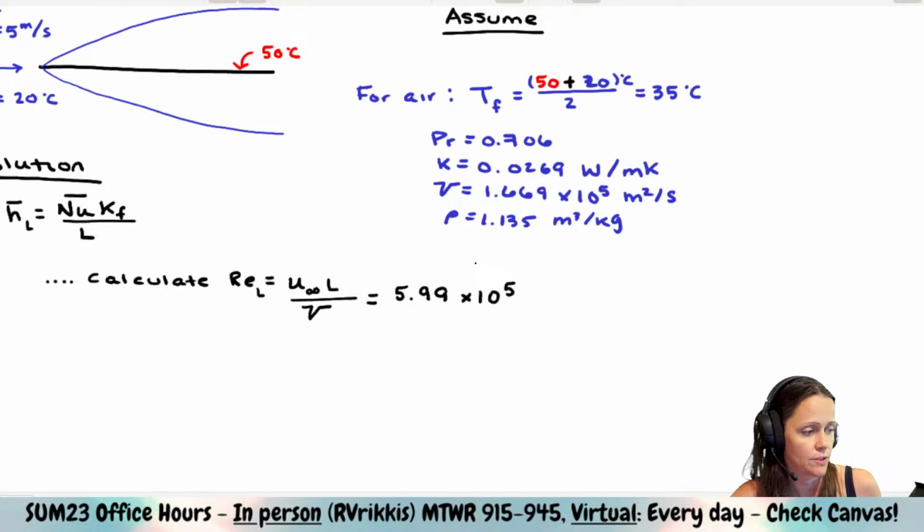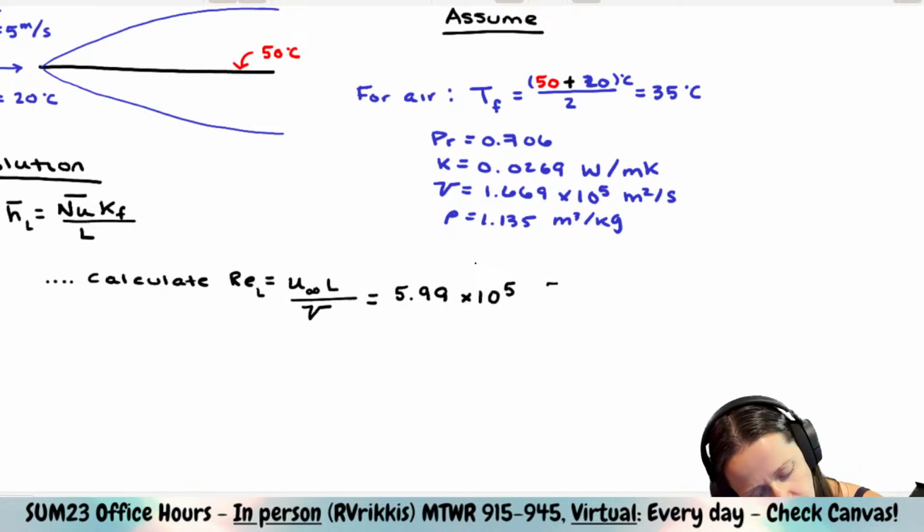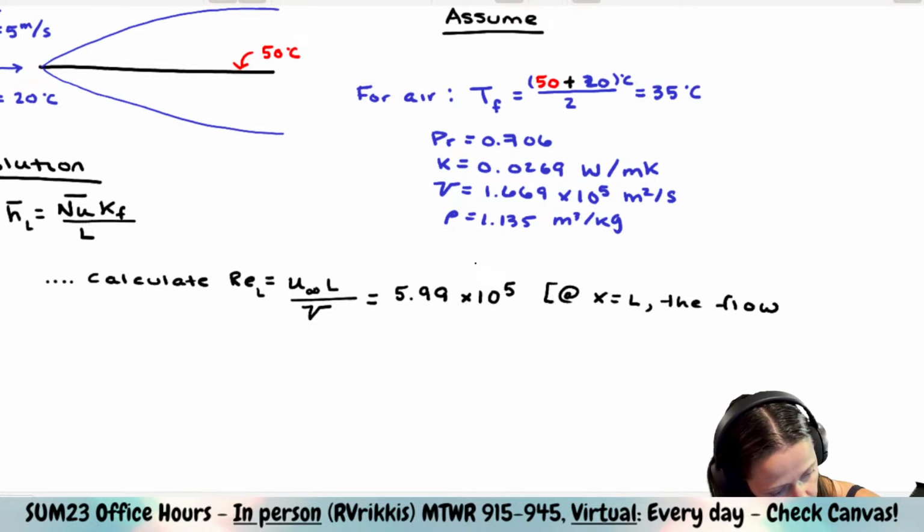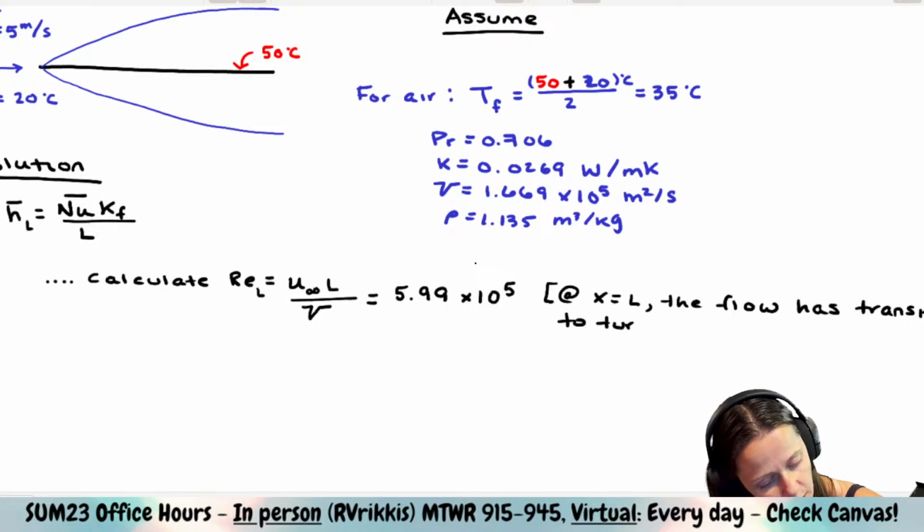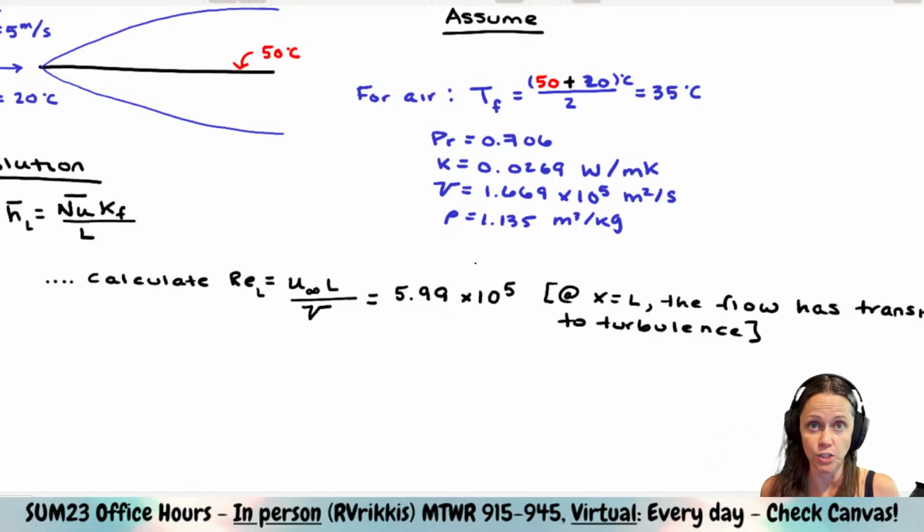I know that at x equals L, the flow has transitioned to turbulent, which means that we have regions of laminar flow and turbulent flow.